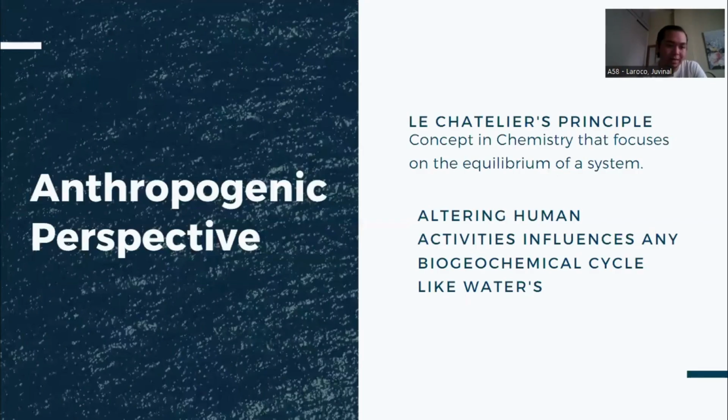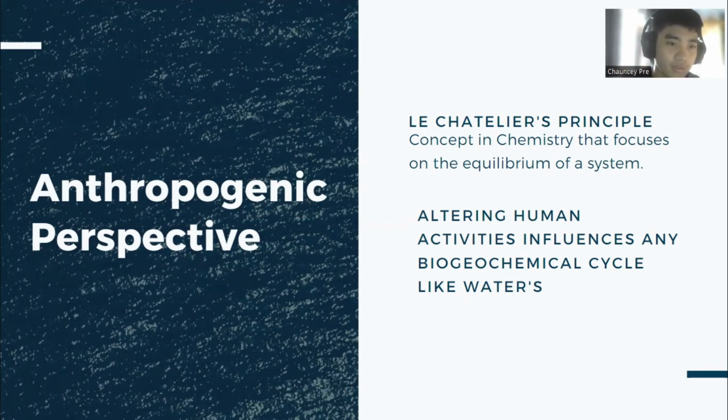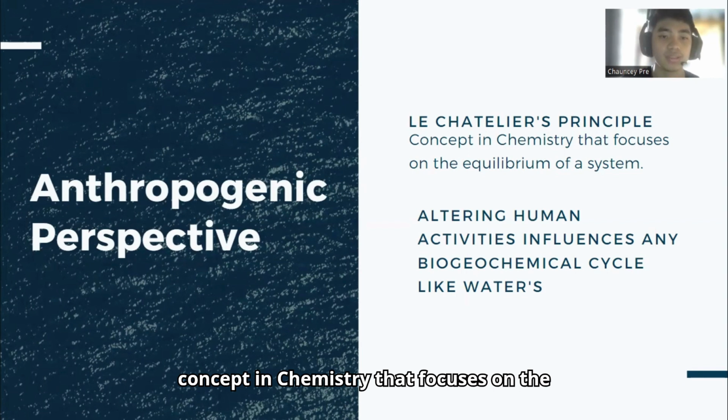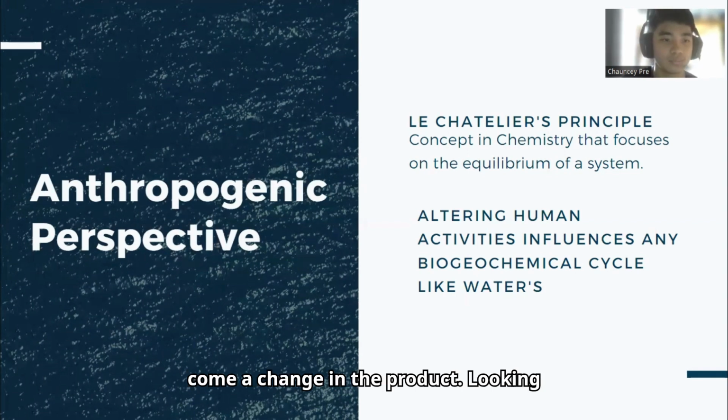Anthropogenic perspective. Le Chatelier's principle is a concept in chemistry that focuses on the equilibrium of a system. When a change happens in the reaction, there will also come a change in the product.